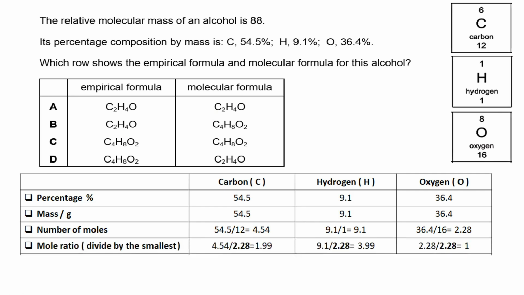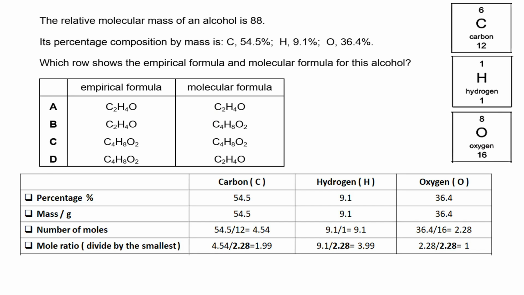Next step, by dividing the smallest number of moles, I mean 2.28. This is the smallest mole number for oxygen. By divide all the three elements by 2.28.